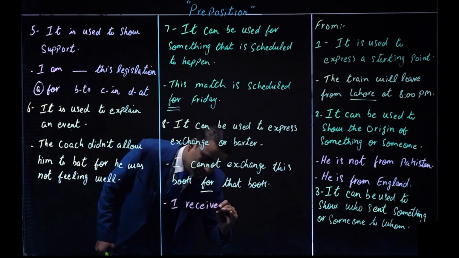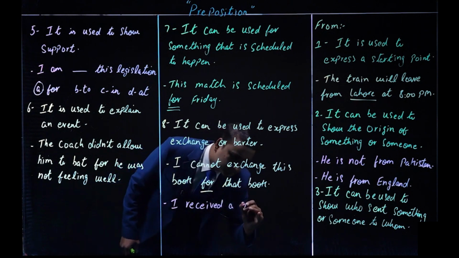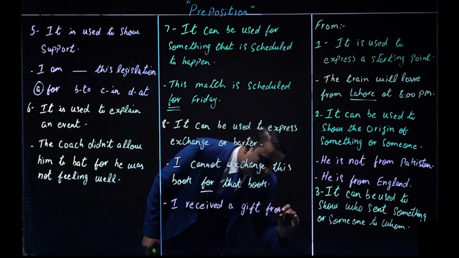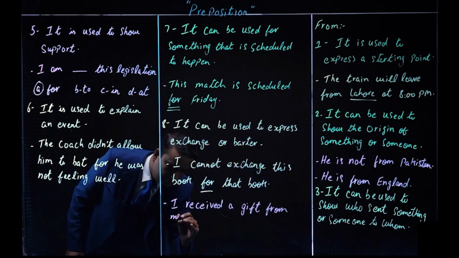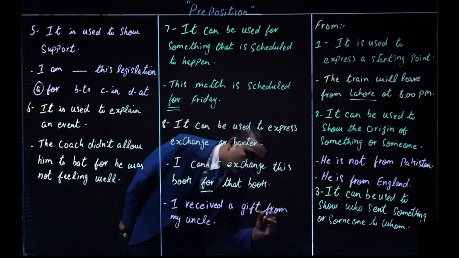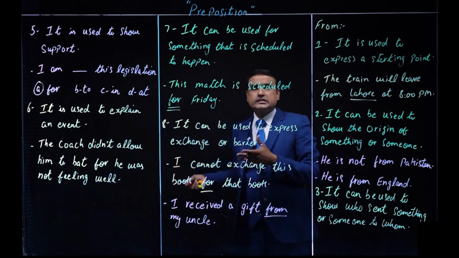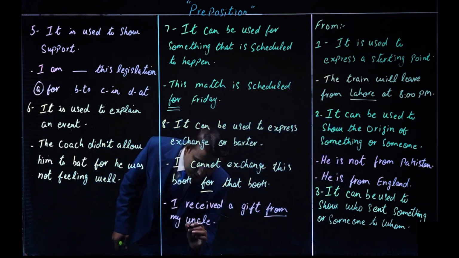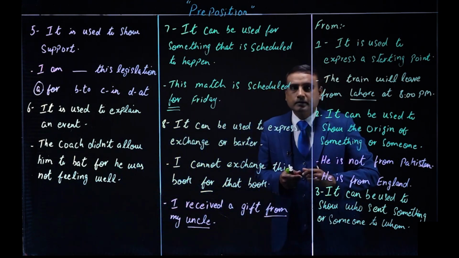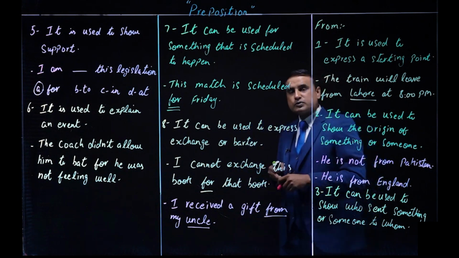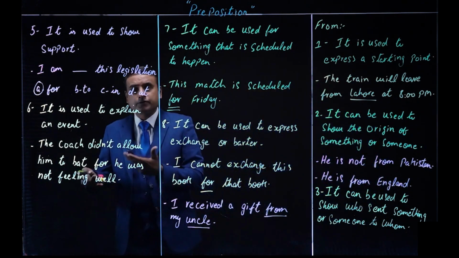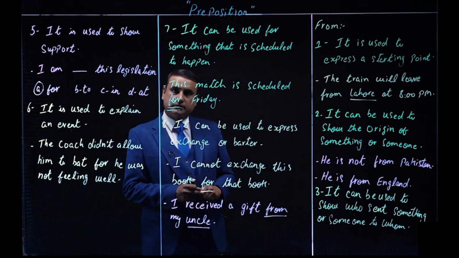I received a gift from my uncle. Now this from is clearly telling us that the gift was sent by whom? The gift was sent by uncle. So this is how you can use from. Let's have some more uses of from in the next board.